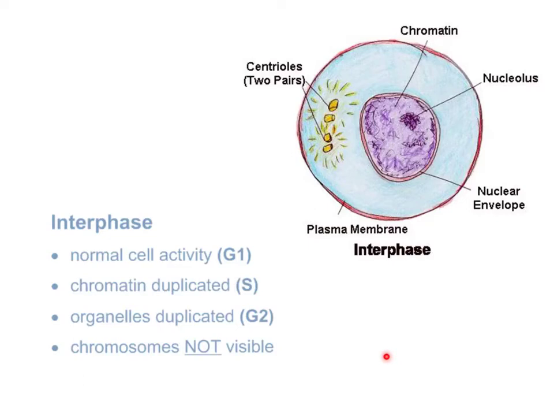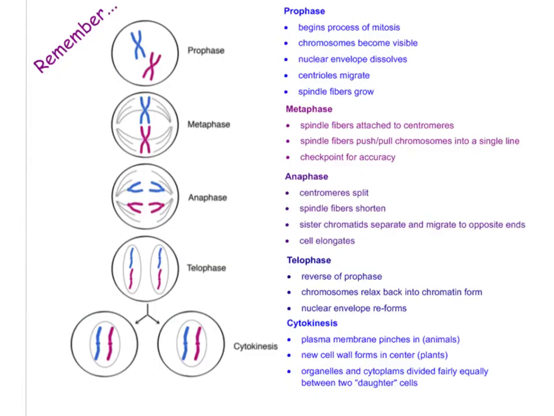In G2, we go back to normal cell activity. Some of the organelles are also duplicated at this time. The chromosomes are not visible during interphase. That is an important fact to remember. They are in there, but they don't appear vivid under a microscope because they haven't condensed.